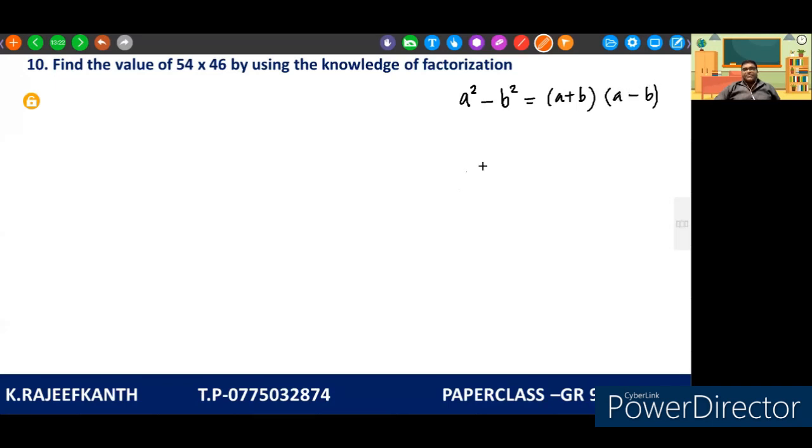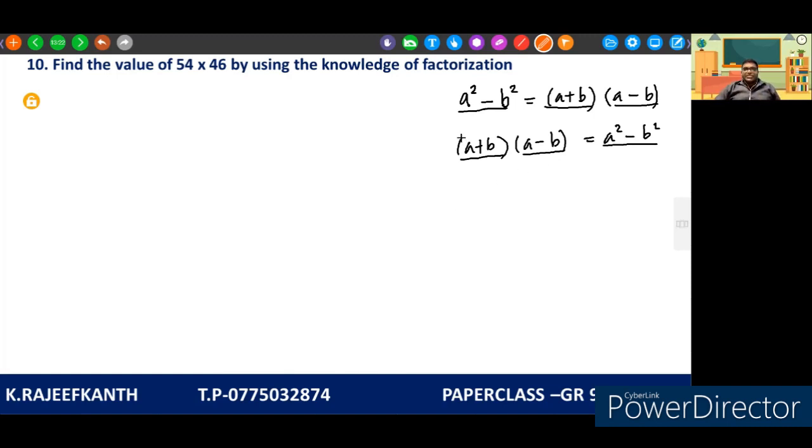If it is a plus b into a minus b, then we can write it as a squared minus b squared, because those are equal.